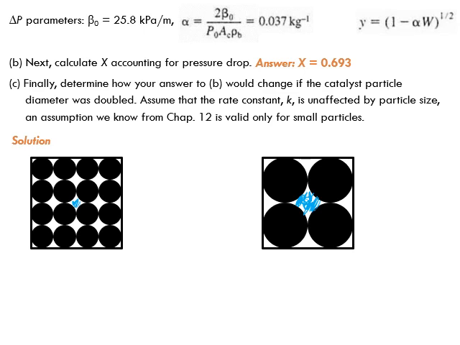So when the particle size increases, the void between the particles increases, so you have less resistance to flow. Less resistance to flow means less pressure drop. So if you have less pressure drop, you maintain higher pressure. That means you maintain lower volumetric flow rate, which results in higher concentration, which results in higher rate of reaction and therefore higher conversion compared to the case where you have smaller particle size, correct? Okay, how is all of this reflected in my equations?